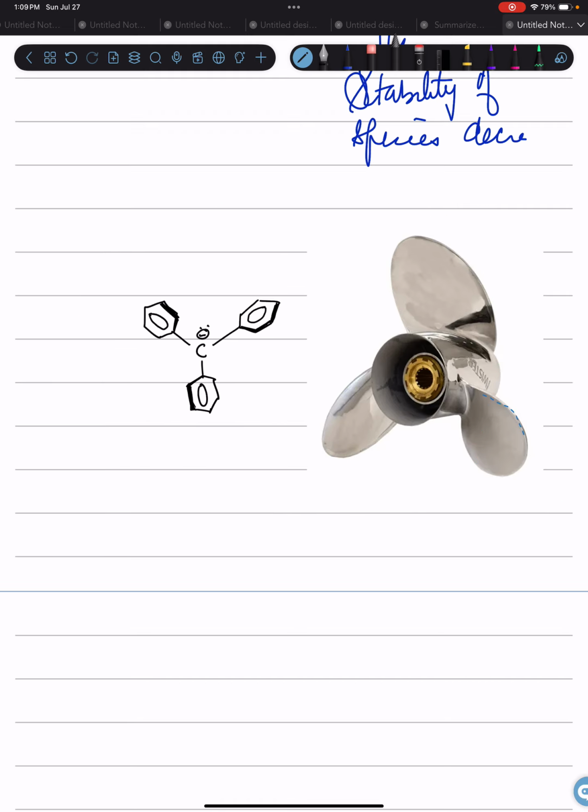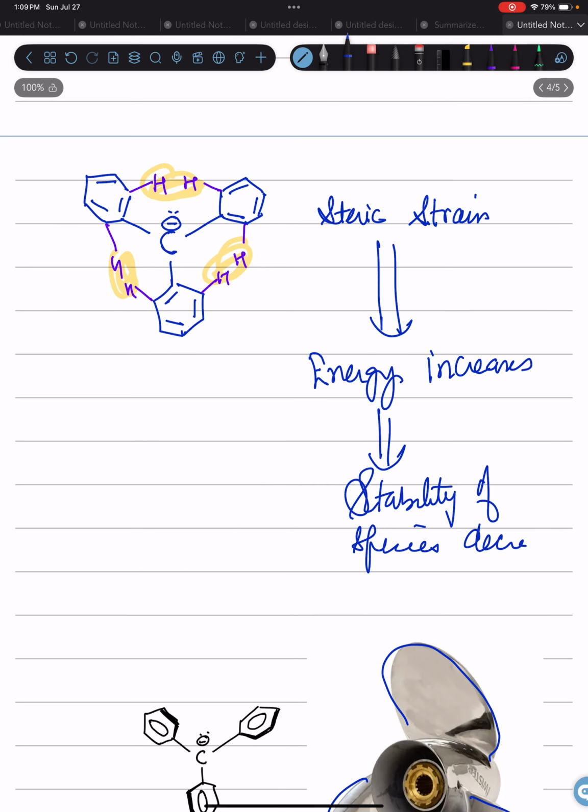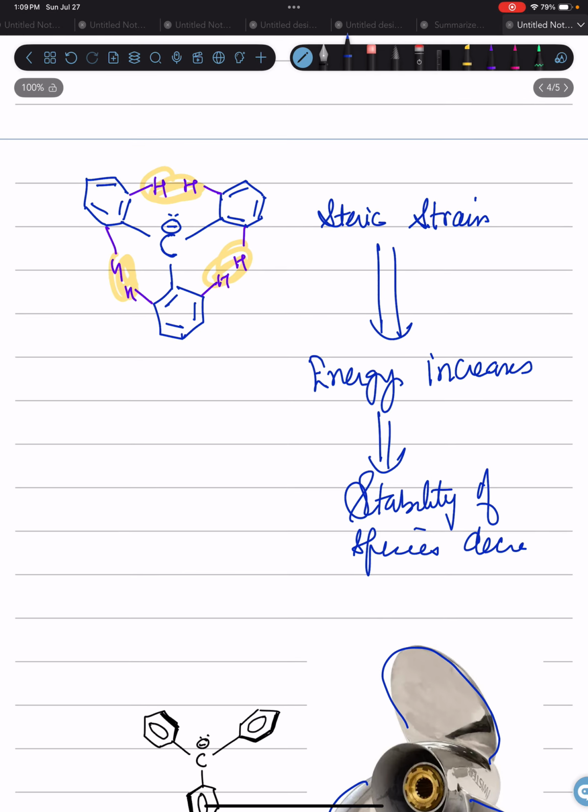So they go out of the plane, and as they go out of the plane, they are in different planes, the coplanarity is lost, because of which this negative charge, which could have spread to all the 3 rings to an equal extent, that coplanarity is lost. So delocalization is kind of hindered, or it happens to a lesser extent.